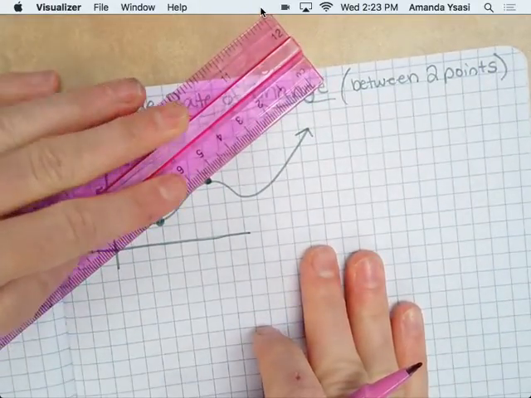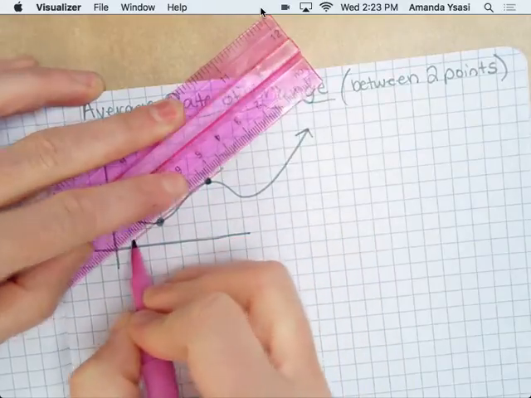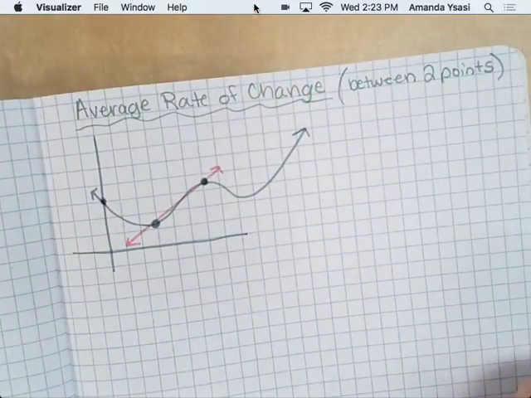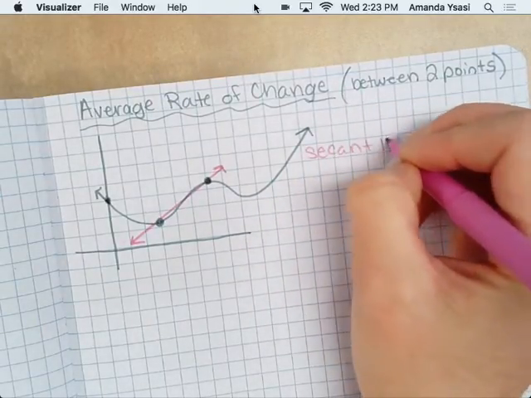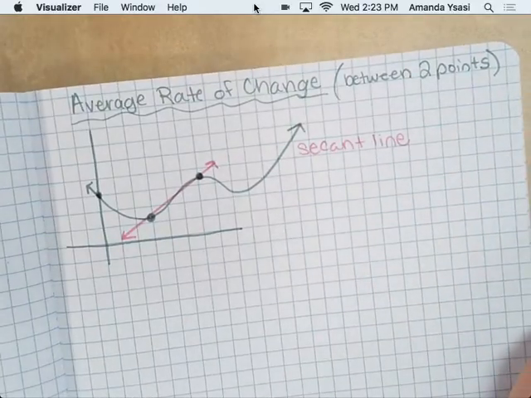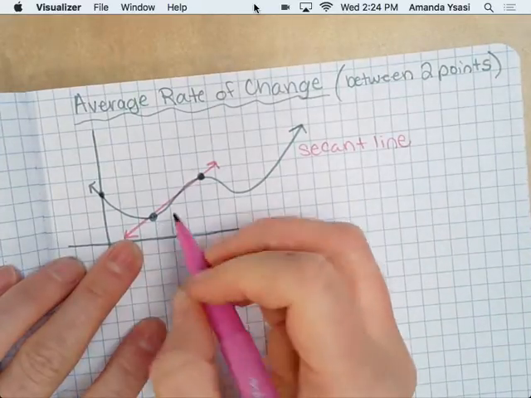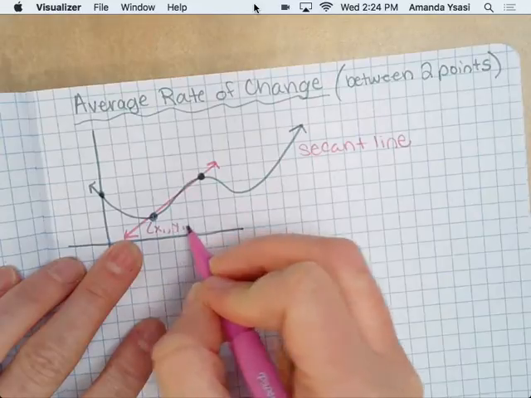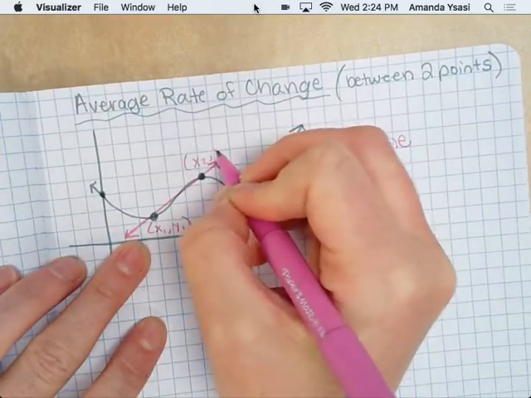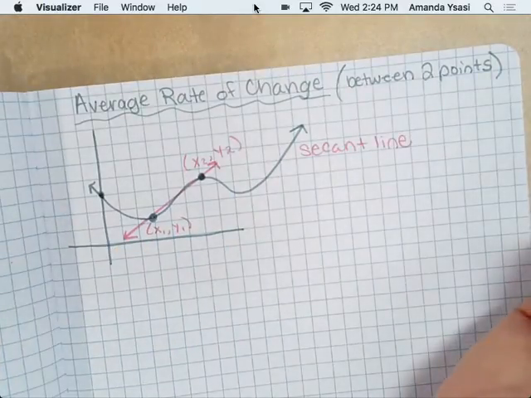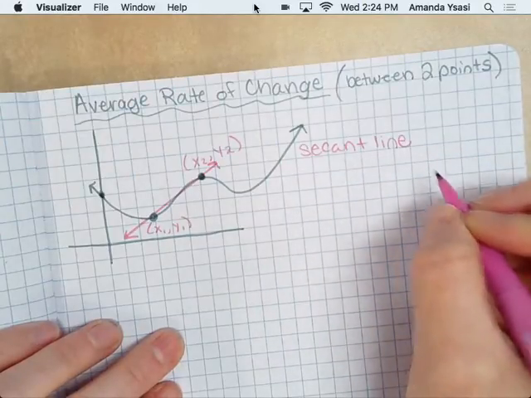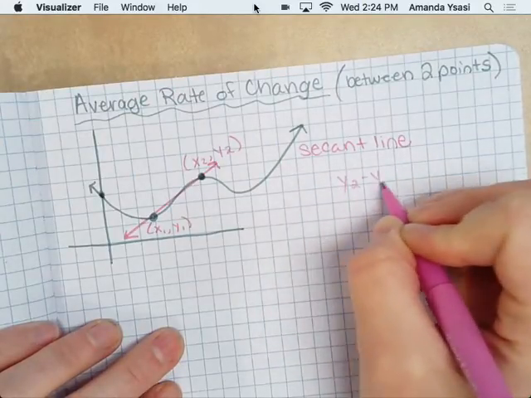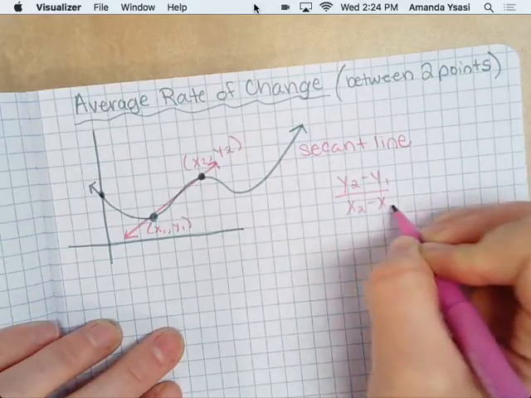So you could use the 2 points and draw what's called a secant line. Since these are 2 points, this is like saying this is x1, this is y1, this is x2, this is y2. So you would do the same thing to find your average rate of change. You would do y2 minus y1 over x2 minus x1.